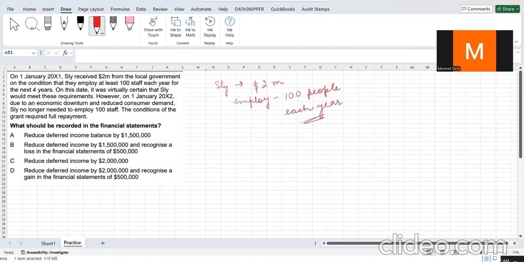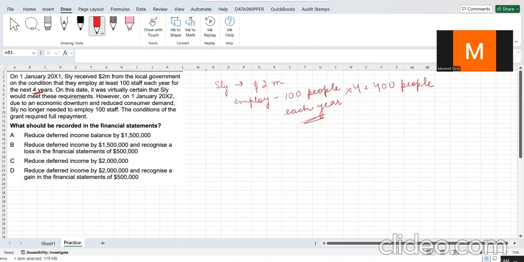Each year, 100 people for 4 years. So, total 400 people. Okay? So, now on this date, it was virtually certain that Sly would meet the requirements.